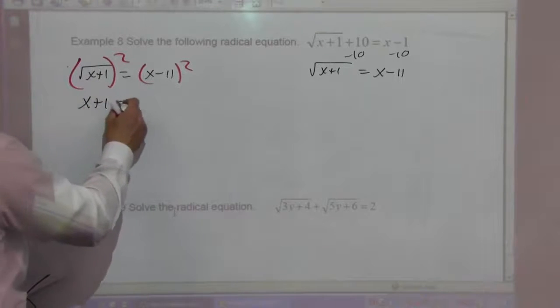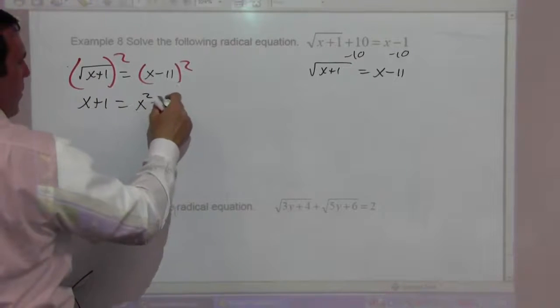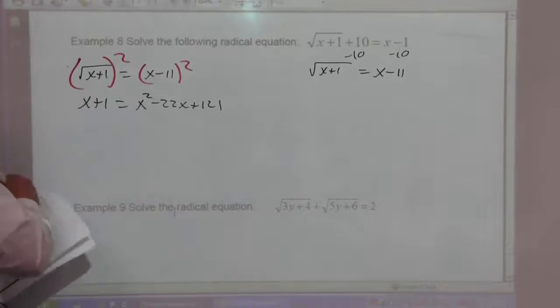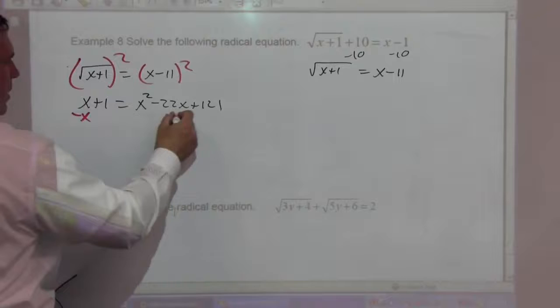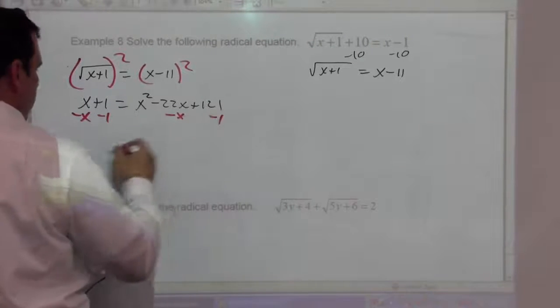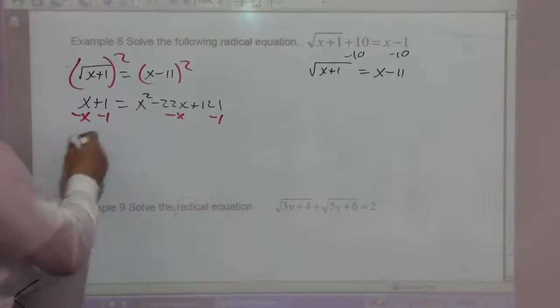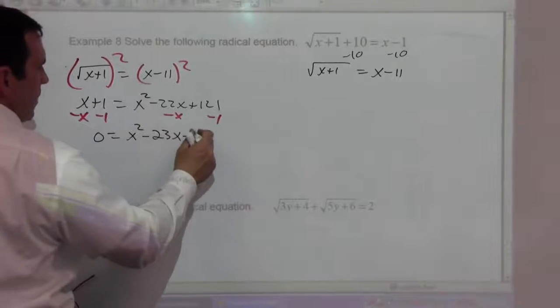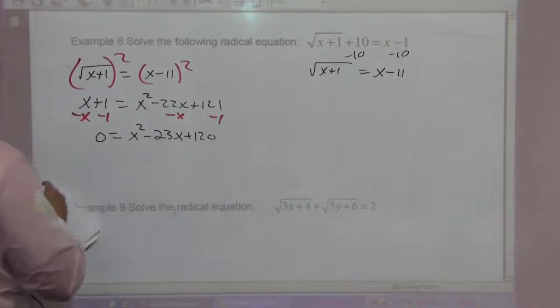x plus 1 equals x squared minus 22x plus 121. Now we'll subtract the x from both sides and the 1. So 0 equals x squared minus 23x plus 120.